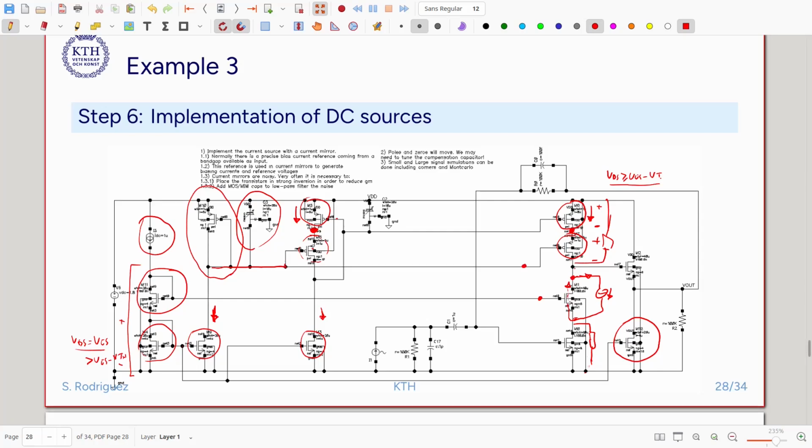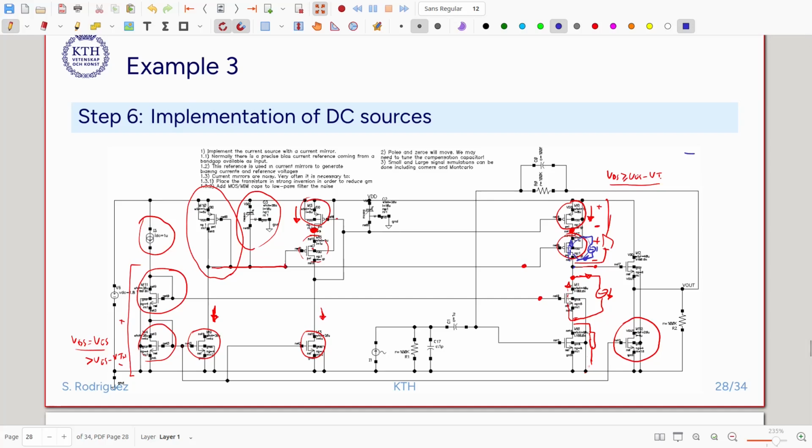So it doesn't really affect the voltage of the output node. The same with this cascode here. This cascode here will have a current noise in this direction, and then this current will also be coming back here inside the transistor, so it's not going to affect the output voltage, and this happens at very low frequencies.